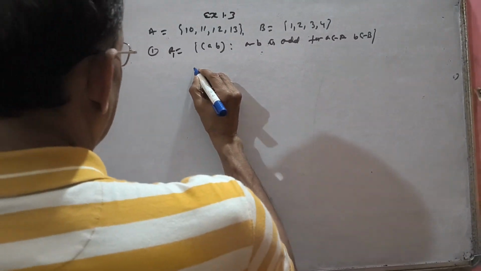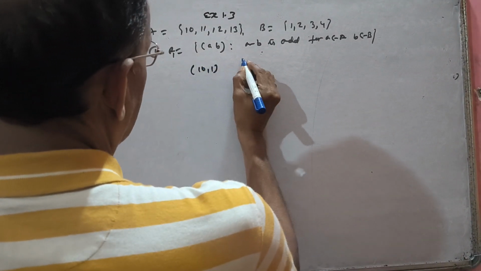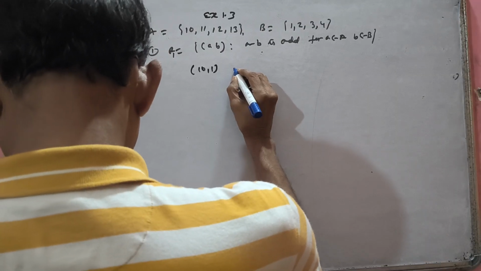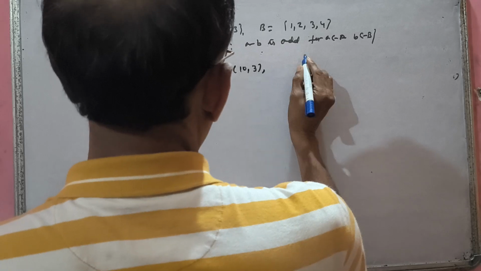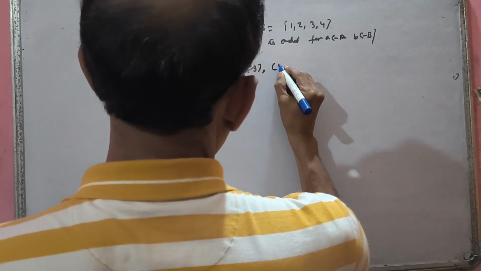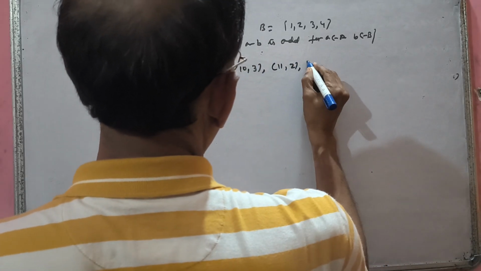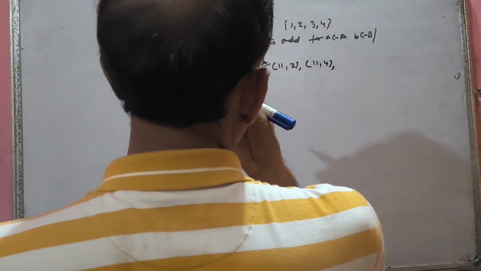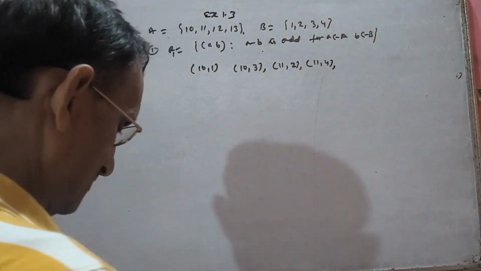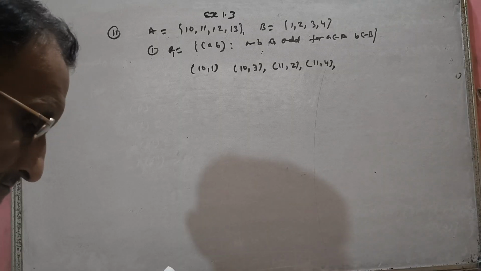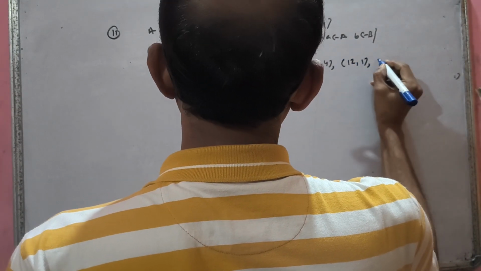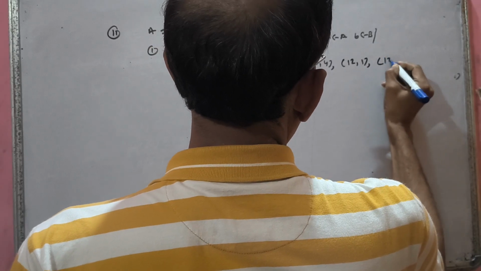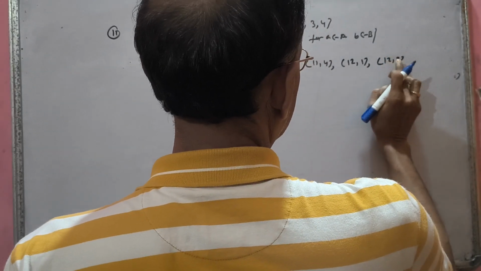So odd means what? 10, 1 you can write, 10, 2 you can't write, 10, 3 you can write, 10, 4 will not be. 11, 2 you can write, 11, 4 you can write. See, this minus this should be odd. 12, 1 you should write, 12, 3, this is even and this should be odd.